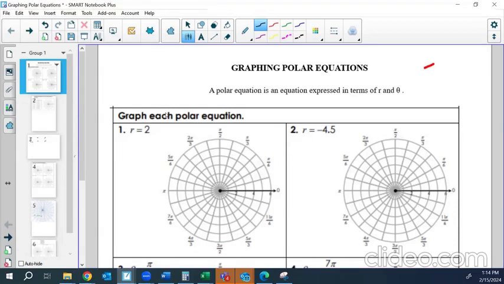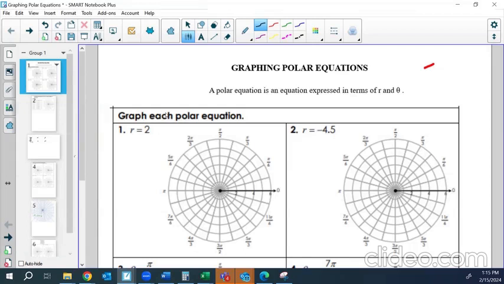If I plot this and make my t table, x comma y, it doesn't matter what x values are, y is always 2. So I could have -2, y is going to be 2. If x is 5, y is 2. The x doesn't matter. Y is always 2. That's why it's a horizontal line. Same concept with r equals 2.